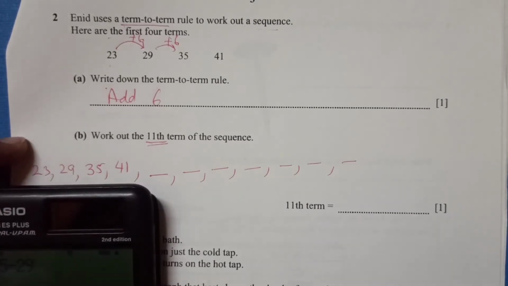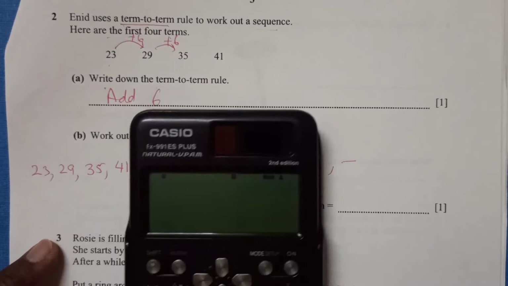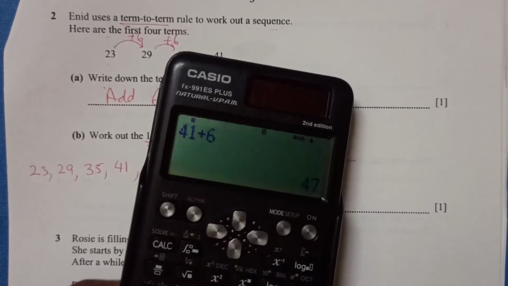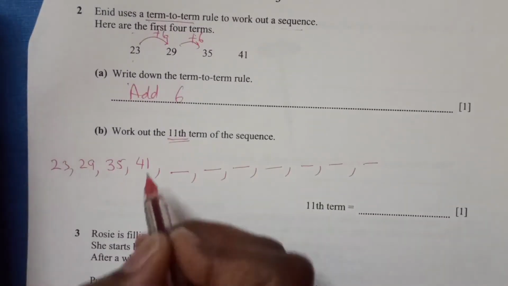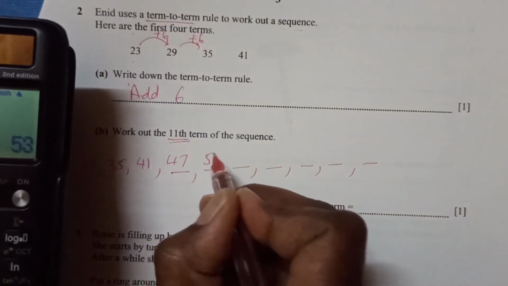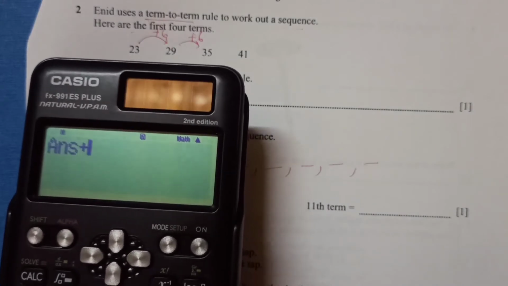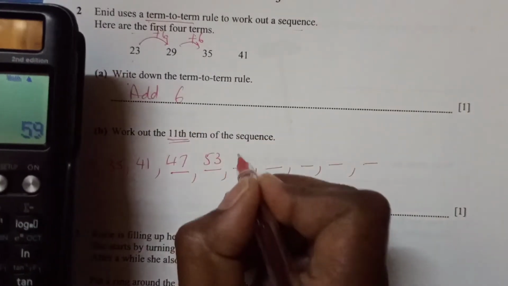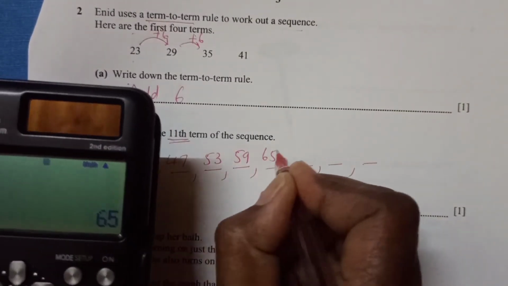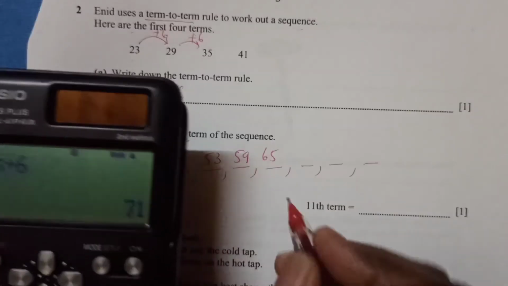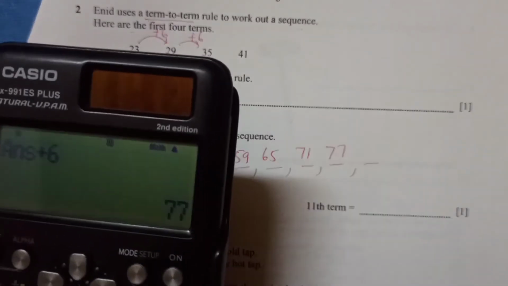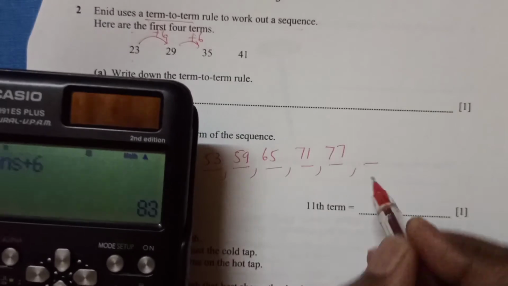So we will continue adding 6. 41 plus 6 is 47, then plus 6 it's 53, plus 6, 59, plus 6, it's 65, plus 6 again it is 71, plus 6 it is 77, plus 6 is 83.